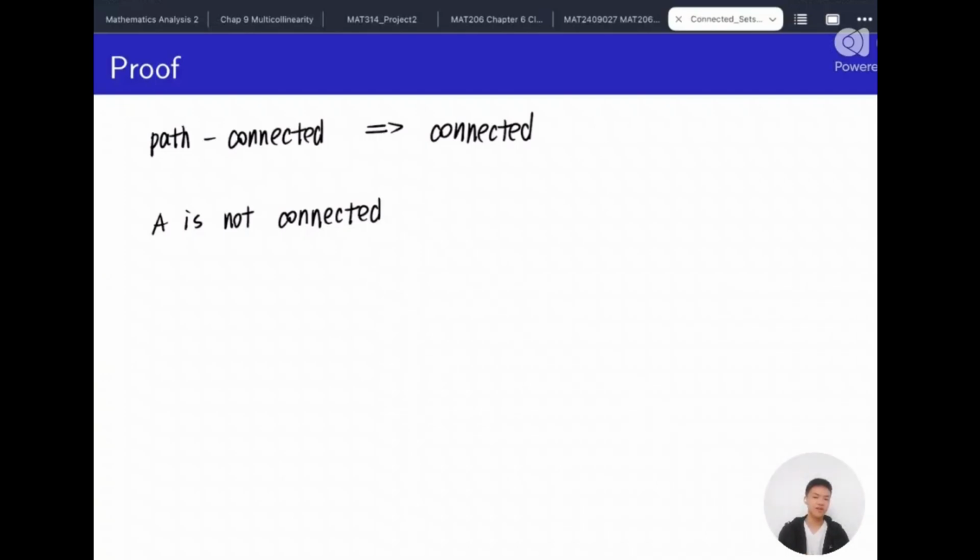If A is not connected, this means there is a separation, U, V separates A, right?